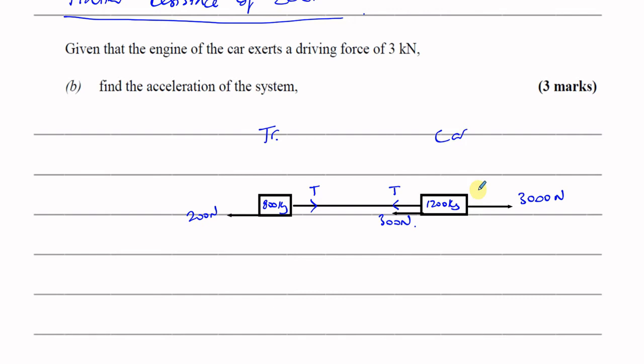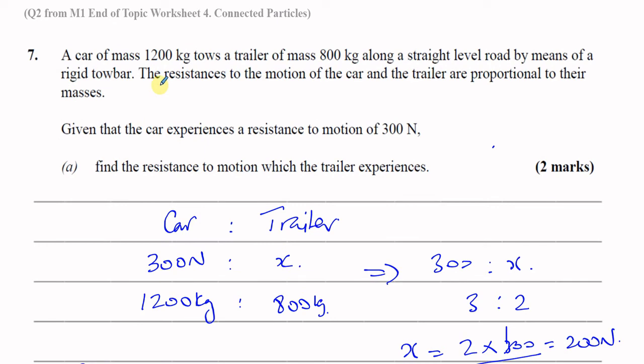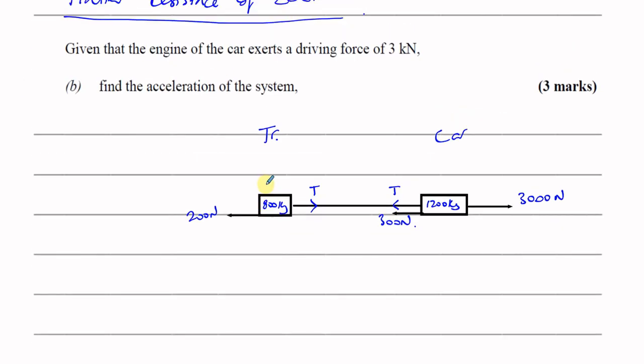Now, what we have to do is find the acceleration of the whole system. As they are moving in the same straight line, and are connected by this rigid tow bar, it's like it's inextensible. It doesn't stretch, doesn't bend or buckle. So the tension throughout the tow bar will be the same, and the acceleration of anything attached to it will be the same.